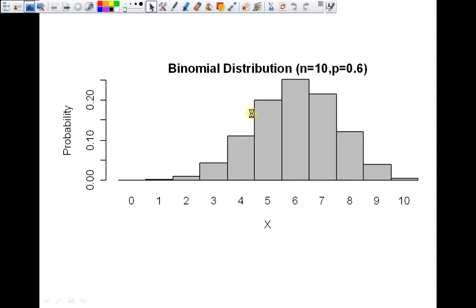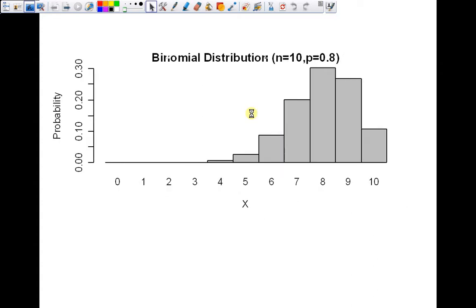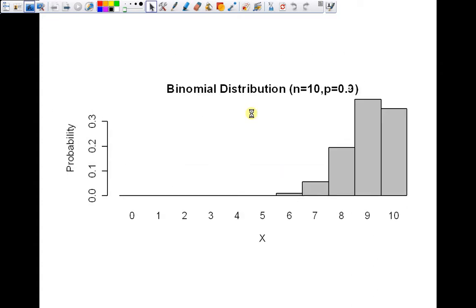So I'll go back the other way, higher than 0.6. And as you may have guessed, these are going to get left skewed. So the further you get away from 0.5 for P, the more skewed it's going to be in one direction. The higher the value of P, the more left skewed it's going to be, and the lower the value of P, the more right skewed it's going to be.